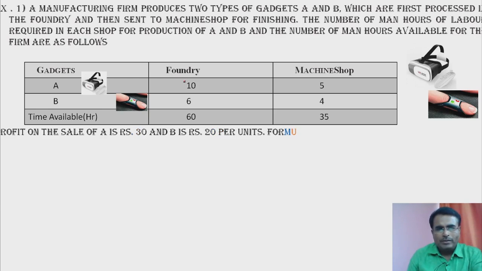The profits on sales of A is rupees 30 and B is rupees 20 per unit. Formulate the LPP to have maximum profit, that is our problem.